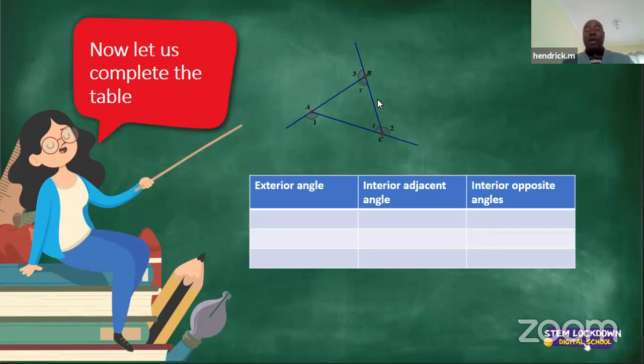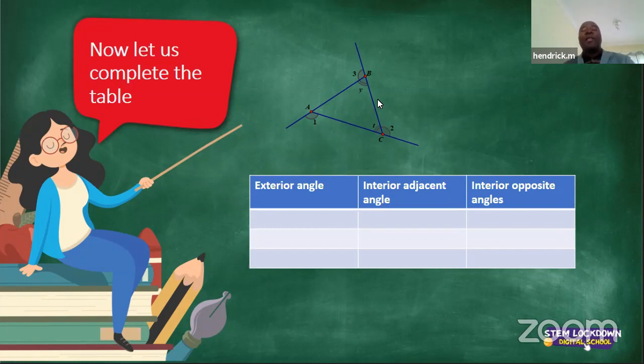Now, I want to give you an opportunity to give me an exterior angle. Lauren has already mentioned 2 more. But whoever is going to speak now must give me the exterior angle, and must also give me the interior adjacent angle to that exterior angle.